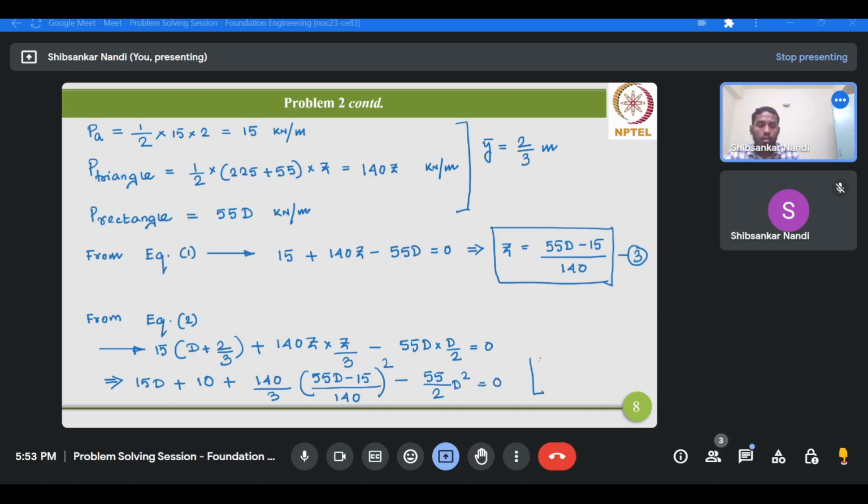This is after substituting the value of Z from equation 3.